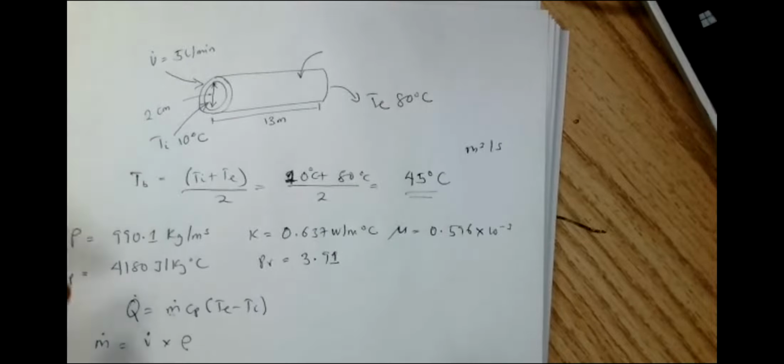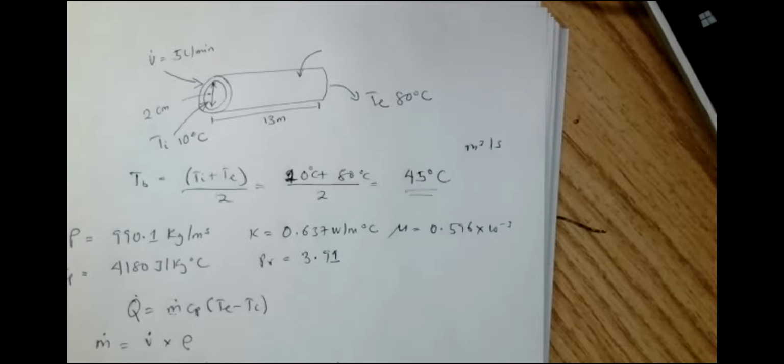And we have our value for rho to be 990.1 kilogram per meter cube. See that meter cube, these two are going to cancel out, and then you have kilograms per second, which is the standard value for mass flow rate. Okay. So if you compute this, we'll get 0.0000833 meter cube per second.